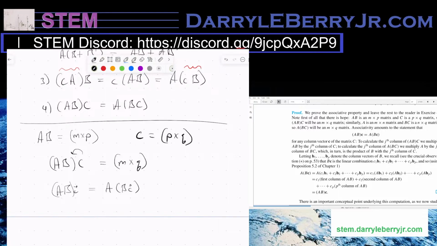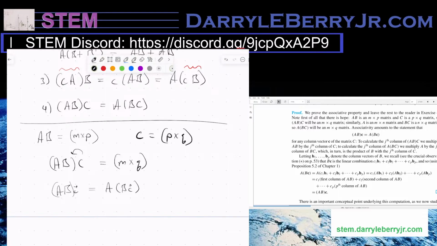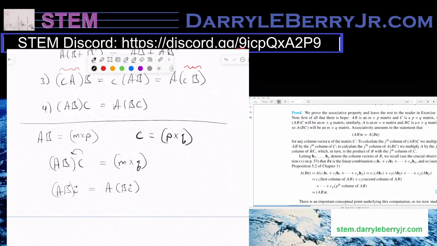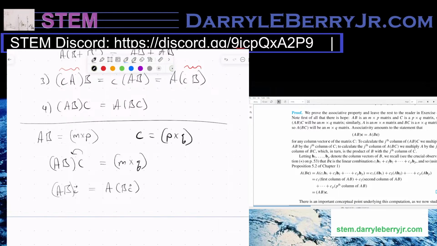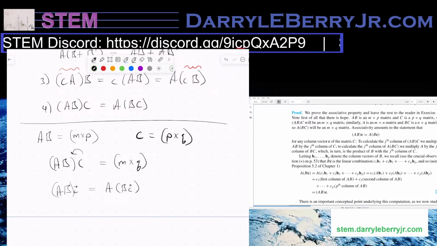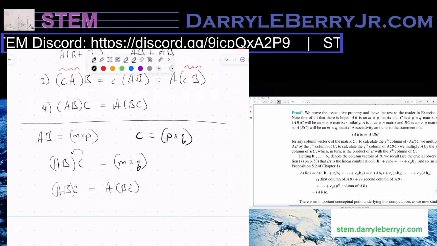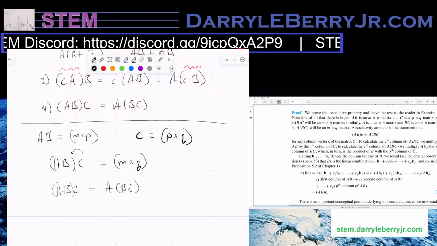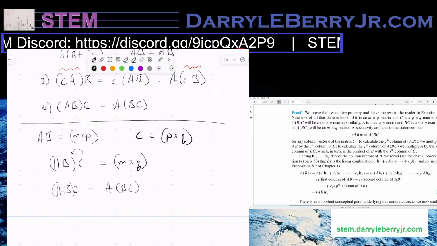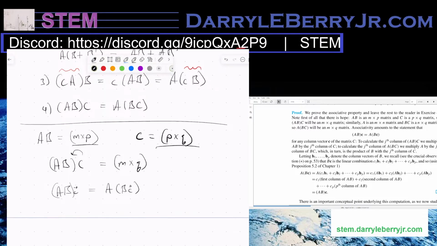To calculate the jth column of A(BC), multiply A by the jth column of BC, which in turn is a product of B with the jth column of C. His wording is cryptic, but I understand because of the use of the dimensions here, which is very helpful to me.